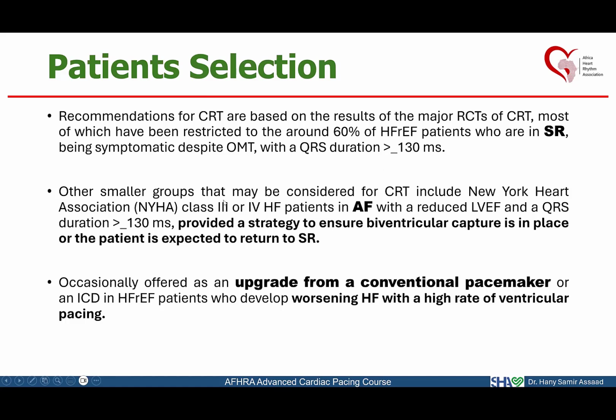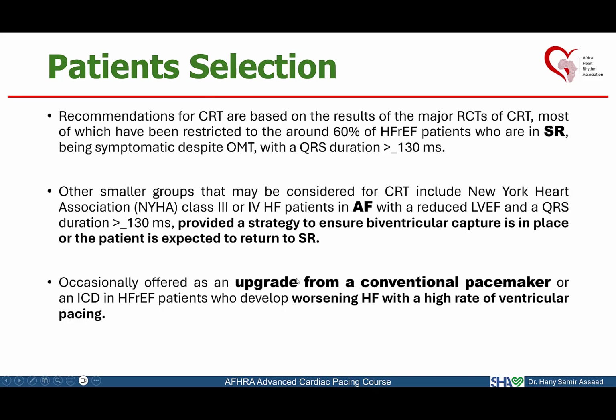There are other smaller groups, such as AF patients. These patients are also indicated when they have NYHA class 3 and 4, provided that a strategy to ensure biventricular capture is in place, or these patients are expected to return to sinus rhythm.